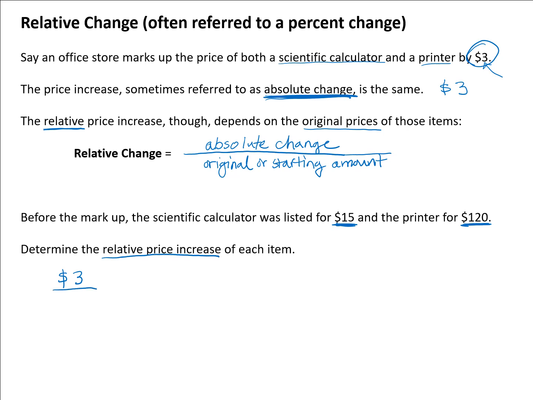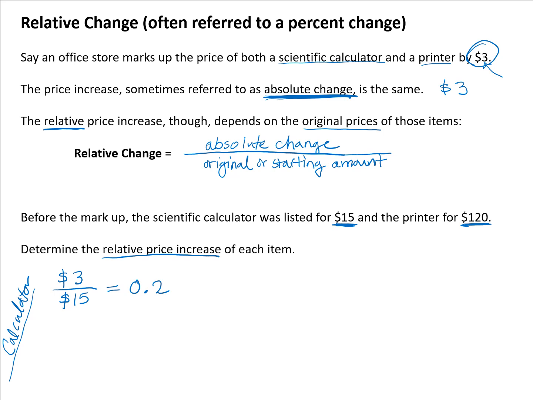And let's start with, we'll do the calculator on this side. So the calculator increases by $3, but the original price was $15. So when I divide 3 by 15, notice these are both dollar amounts, so the dollar amounts are going to cancel out, and we will get, doing the division, 0.2. Now remember, that's a decimal, but often we're going to think about this relative change as a percent.